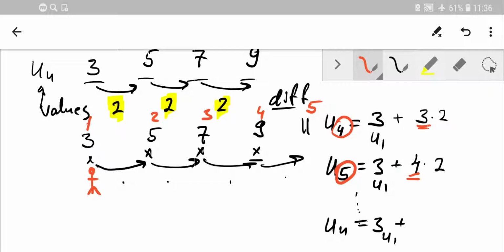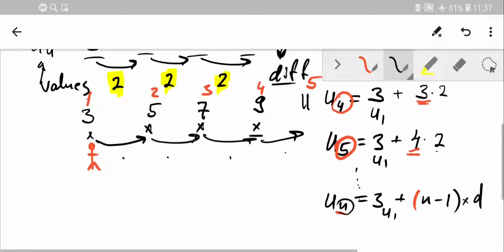So the number of jumps that you need to do to get the nth value is just 1 less than this number. It means n minus 1, because you have a counting number n, so the number of jumps should be 1 less than your number. That's why it's n minus 1, times the step length. Remember, before we used a name for the difference between elements, just difference. So I put the letter d for the difference.